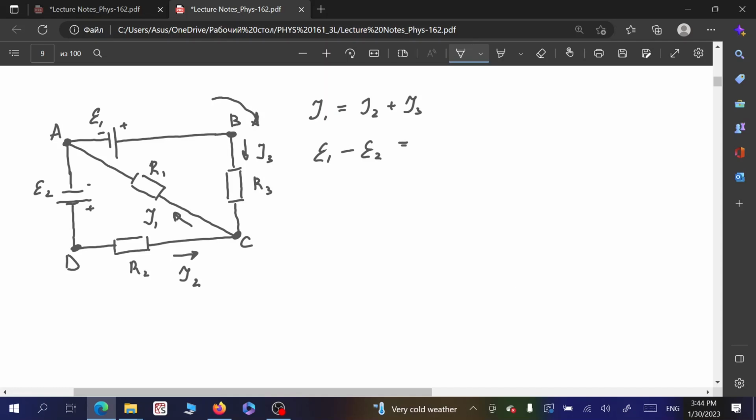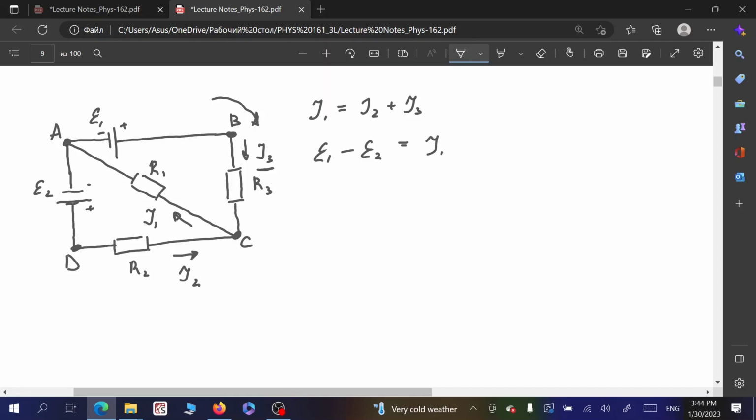And that should be equal to the sum of potential differences over resistors. So what do we have here? Current I3 is flowing along the path, so the potential difference over the R3 resistor will be considered positive.